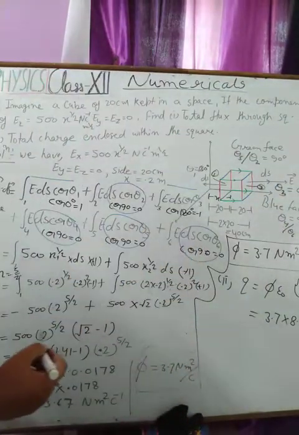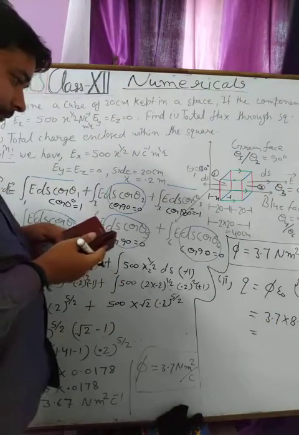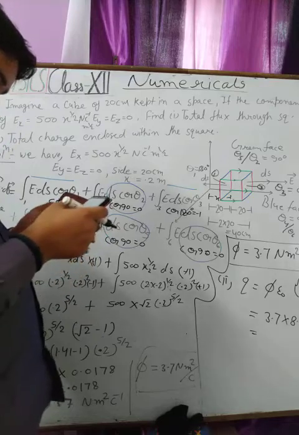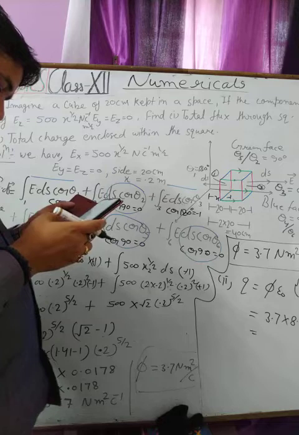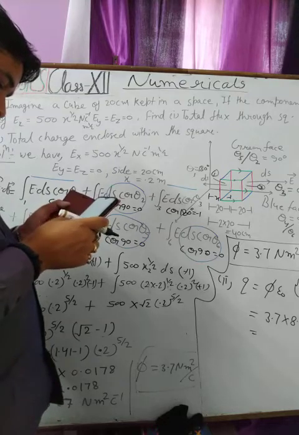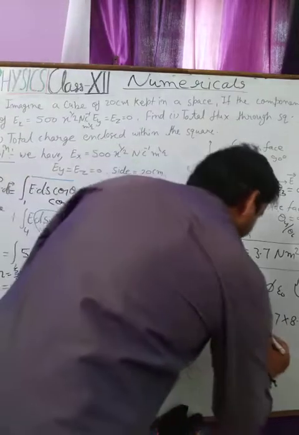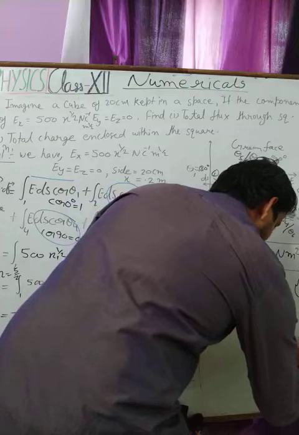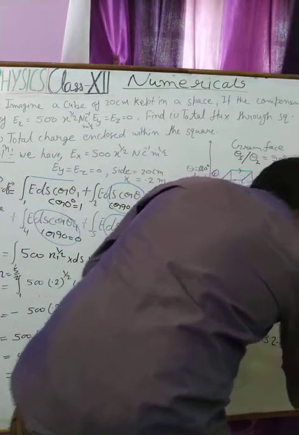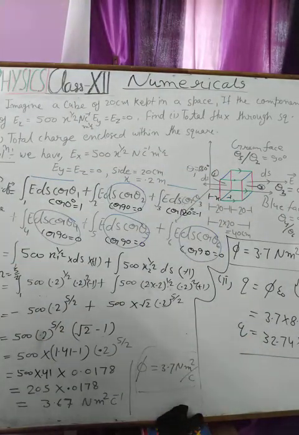On solving, 3.7 into 8.85, we are getting 2.74 into 10 to the power minus 12 Coulomb. This is the total charge enclosed within the cube.